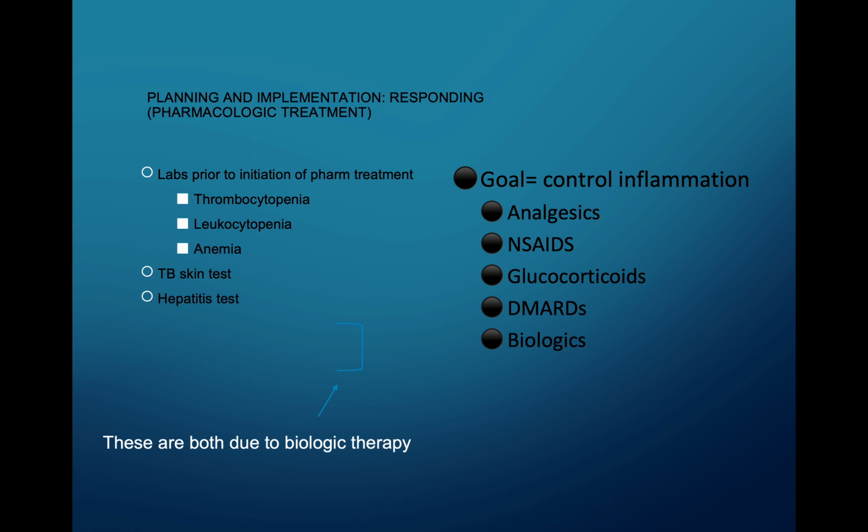Anymore, our first line treatment for patients who are diagnosed with rheumatoid arthritis are something that we call disease modifying anti-rheumatic drugs. Some of these medications include methotrexate, that's probably the most common one, but there are others like sulfasalazine and hydroxychloroquine.